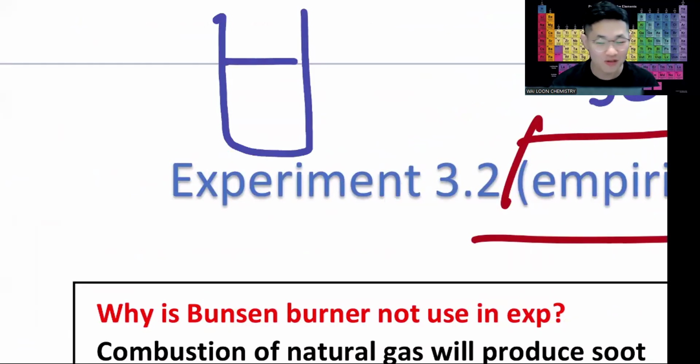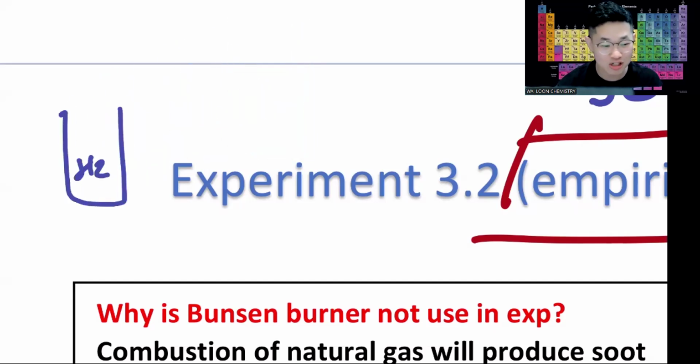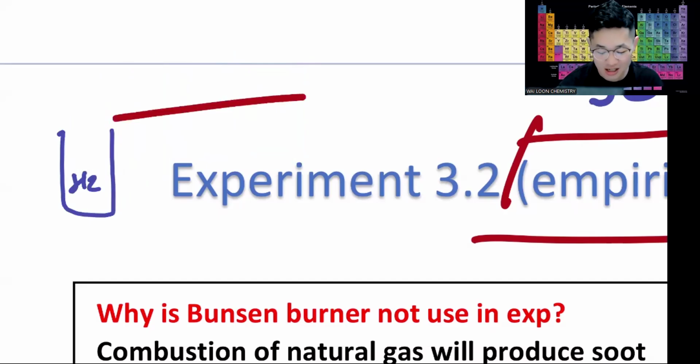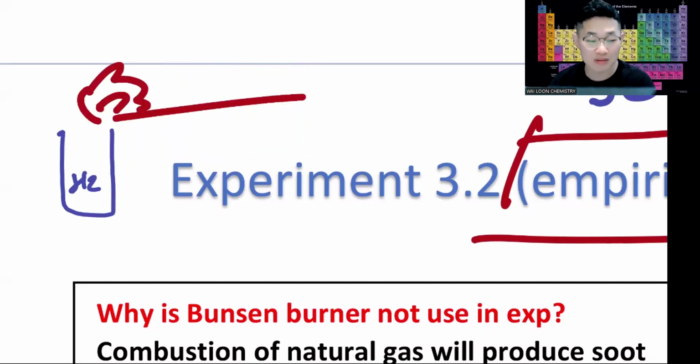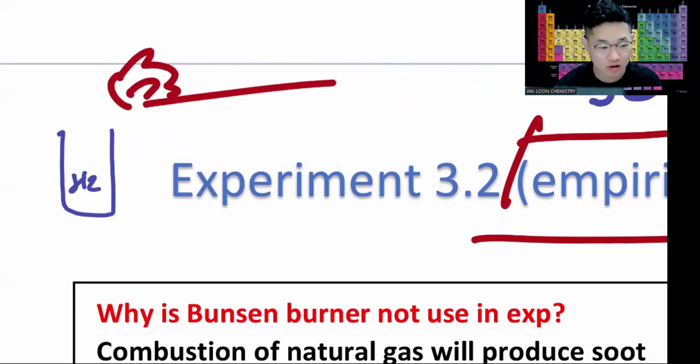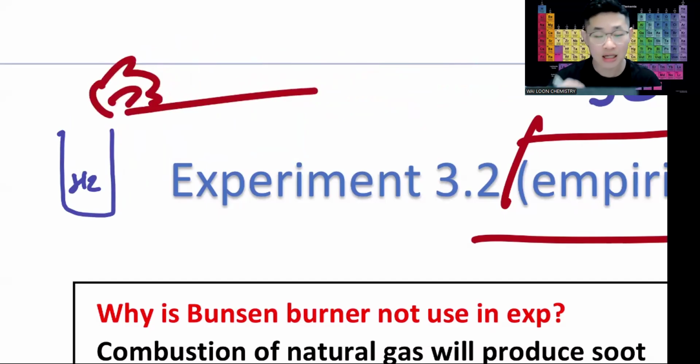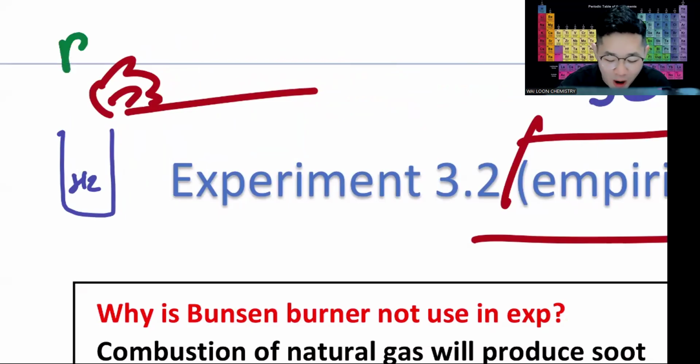I wanted to say, I believe you all did this experiment, but I'm sorry. Maybe last time in Form 2 you all did a very simple experiment to test hydrogen gas with a lighted wooden splinter. When you put a lighted wooden splinter close to hydrogen gas, what will happen? It will produce a pop sound.